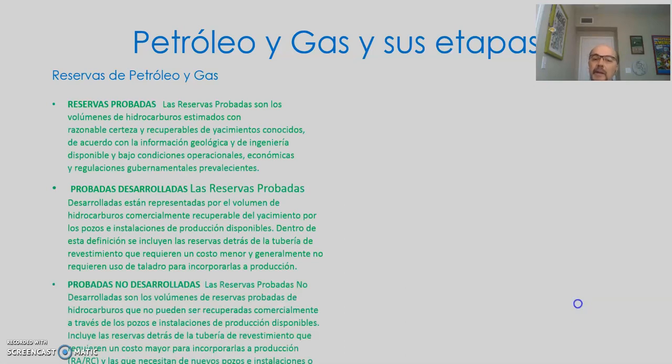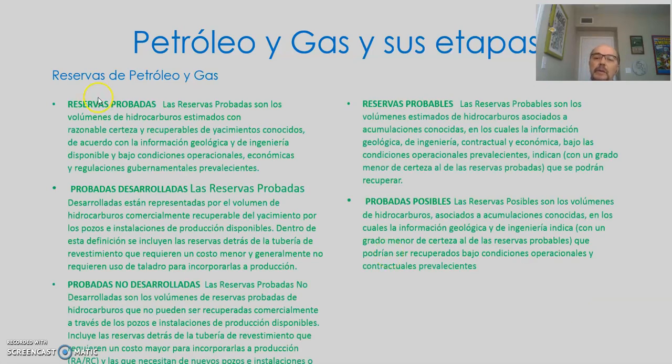So then we have something about the reserves. The proven reserves are those reserves where there is no risk in geology and engineering, and the wells that I drilled tell me that the oil is there. So we can call it proven reserves.